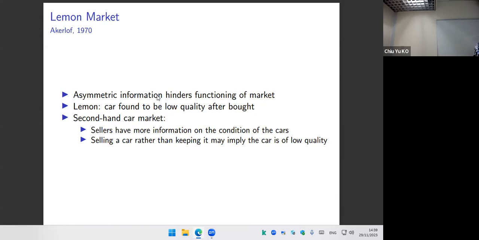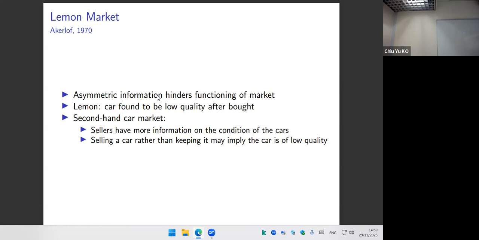This simple asymmetric information already implies Pareto efficiency is not there. It means that the first welfare theorem breaks down, or even the market is gone. It relates to what we learned in financial markets, where there's always asymmetric information.